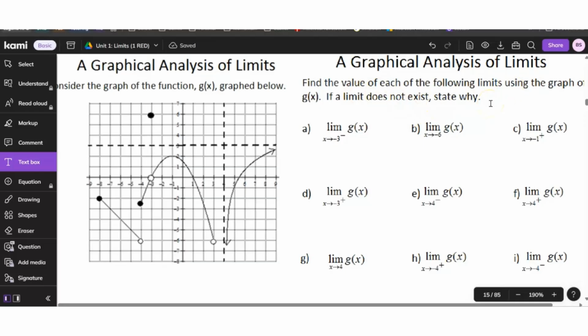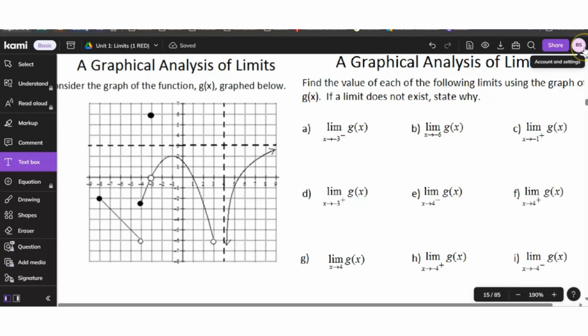If it doesn't exist, we're going to state why. What is going to be the reason almost every time? If the limit doesn't exist, it's because the left side does not equal the right side. Which is basically what we just talked about with the limit existence theorem.